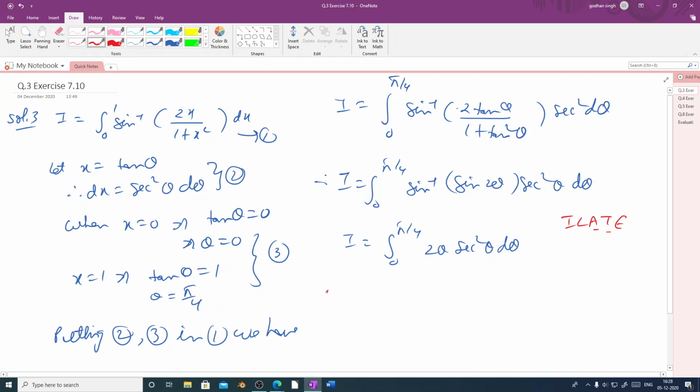Therefore, we'll be getting I equal to, let us put the limit as it will be integrating inside, 2 theta into integration of sec square theta d theta minus differentiation of 2 theta, which will give us 2 with respect to theta, into integration of sec square theta d theta.